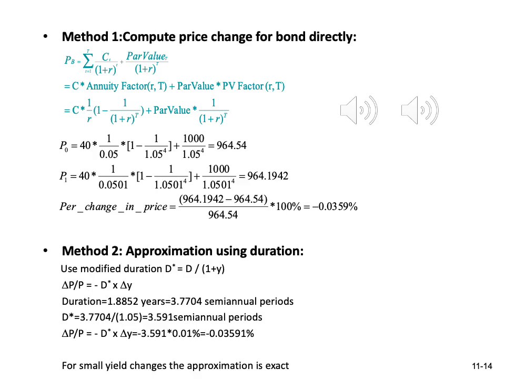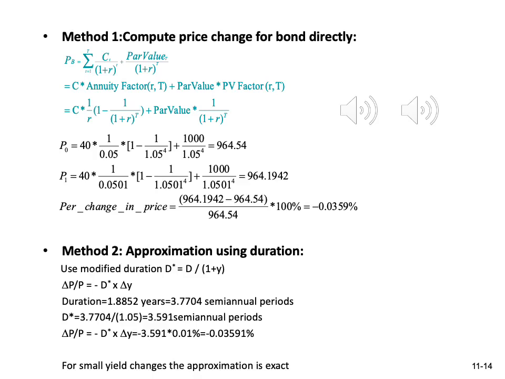Plugging in 5% semi-annual interest rate in the formula, the bond price is $964.54. And then we're going to calculate the new price, P1, using the new interest rate, which is 5.01%.